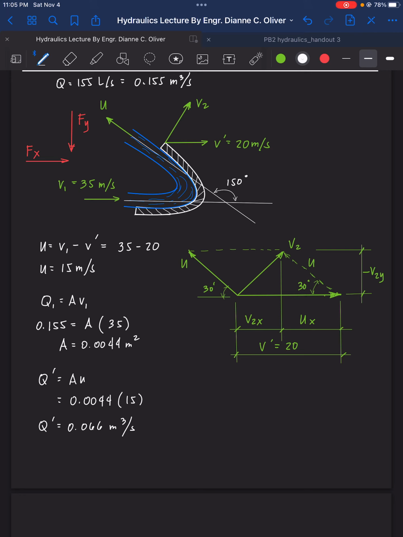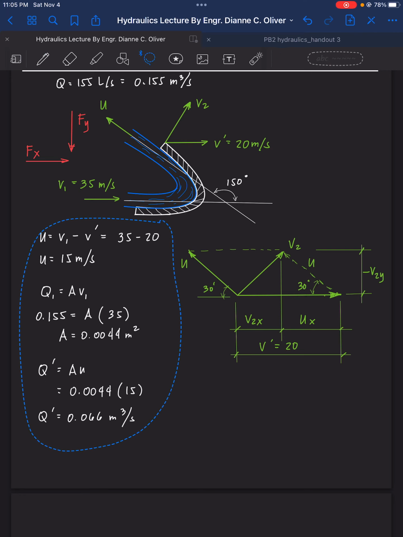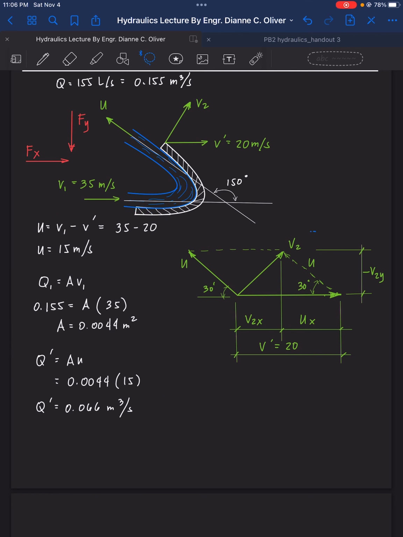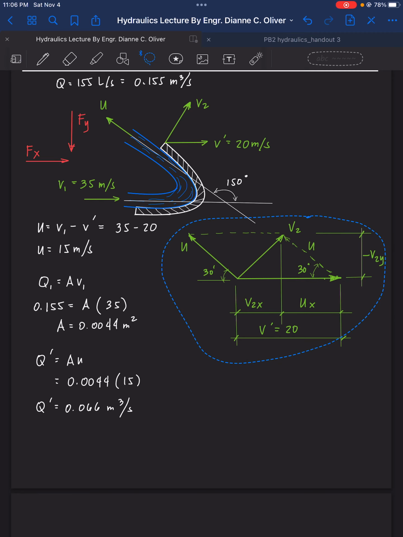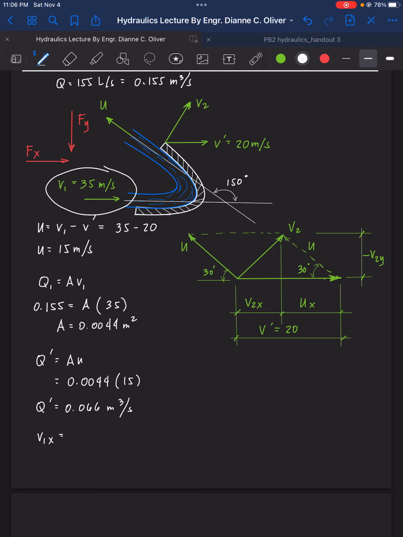So V1x, let's give some room for the components. So V1x is equal to this one here. That is V1 equals 35 meter per second. How about V1y? For V1y, that is equal to 0.